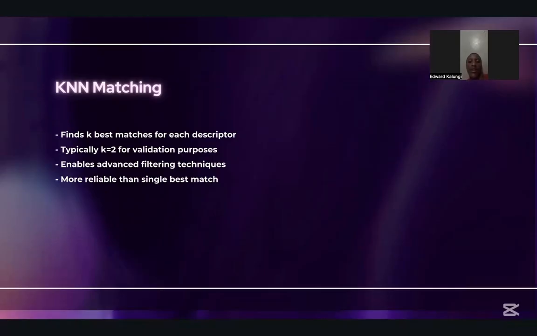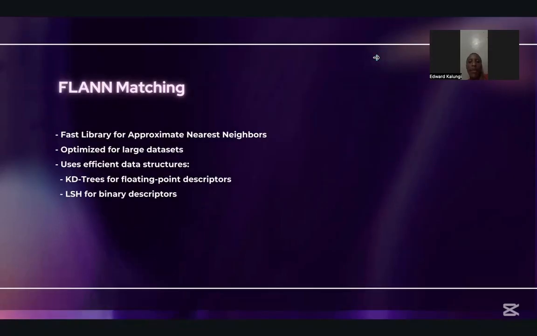And then I'll also talk about FLANN matching. FLANN, or the Fast Library for Approximate Nearest Neighbors, is an optimized algorithm designed to quickly find approximate nearest neighbors in large datasets.